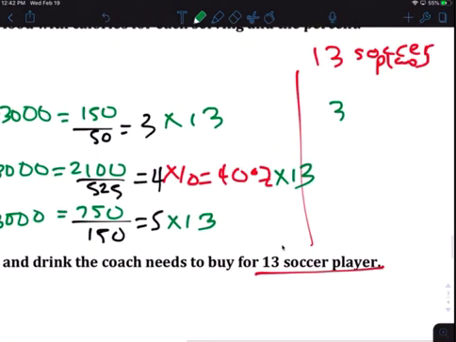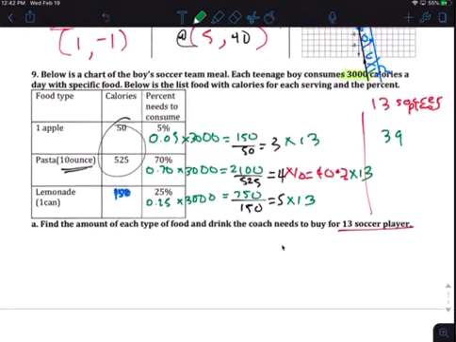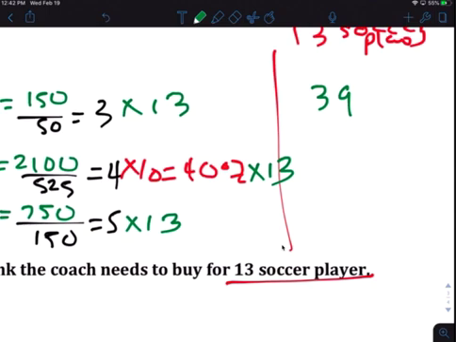You get 39 apples. 40 times 13, 520. Forgot the 0. And this is 65.